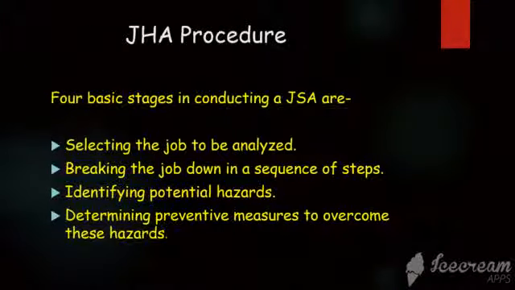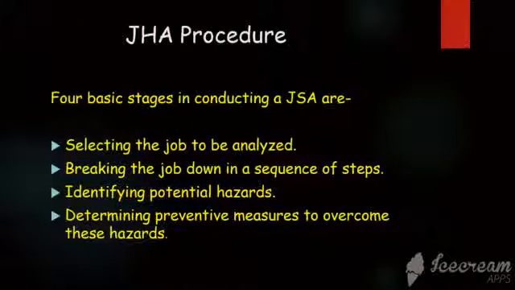And the JHA procedure, in which way we will do this job hazard analysis. There are four basic stages in conducting a JSA. First, selecting the job to be analyzed. Second, breaking the job down into a sequence of steps.